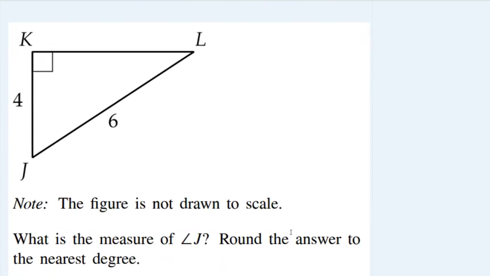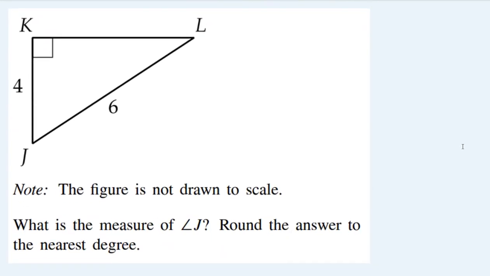Then, if we're trying to find an angle, in this case it says, what is the measure of angle J? We don't know that measurement. If we look at what we're given, our 6 is the hypotenuse and the 4 is the adjacent. Since it's adjacent over hypotenuse, that means we'll use cosine.